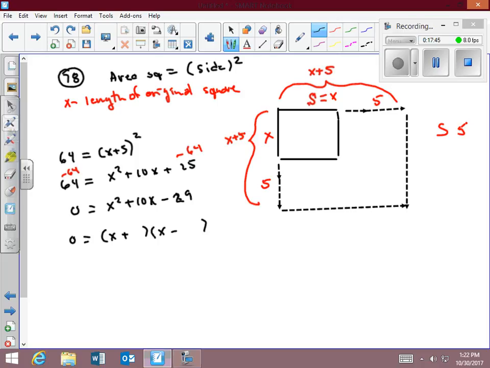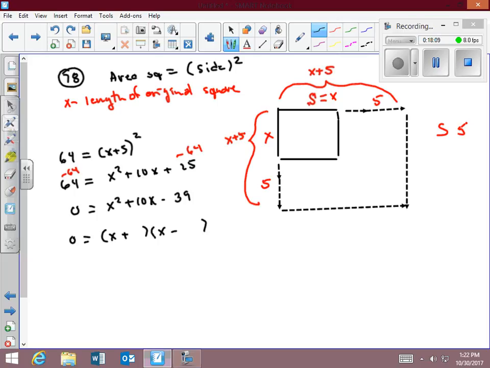That helps, doesn't it? So what two numbers times itself is 39, whose difference is 10?